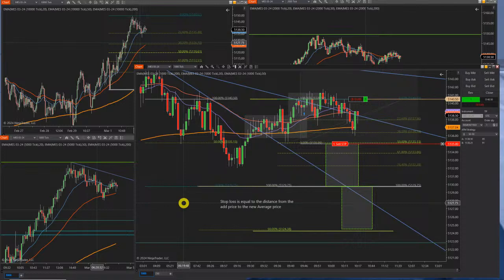The question we always ask ourselves is, is my stop in the right place? Because I don't care what they say, even the ICT strategies have to put their stop somewhere. And the question is, did we get in on the right side of the algorithm or the market makers?